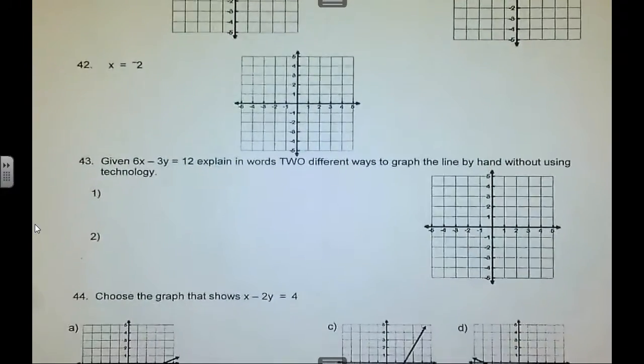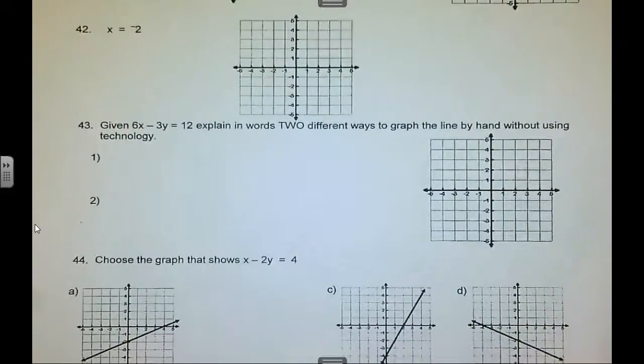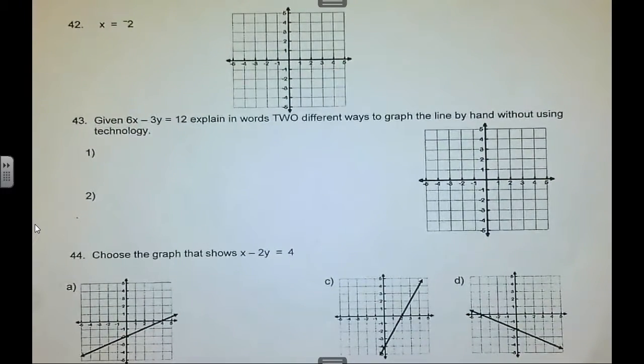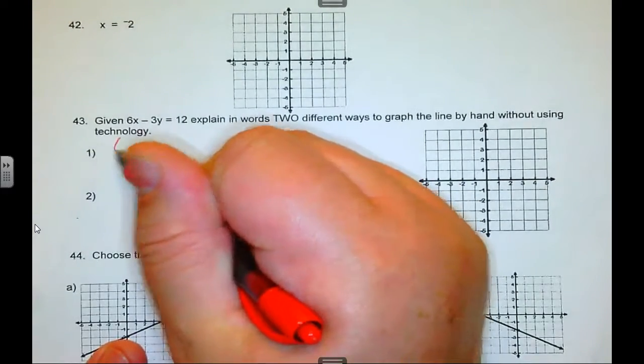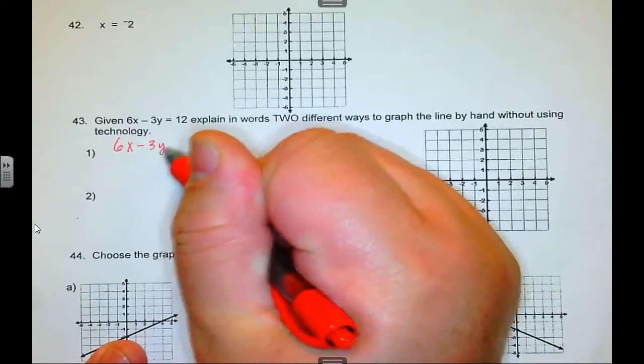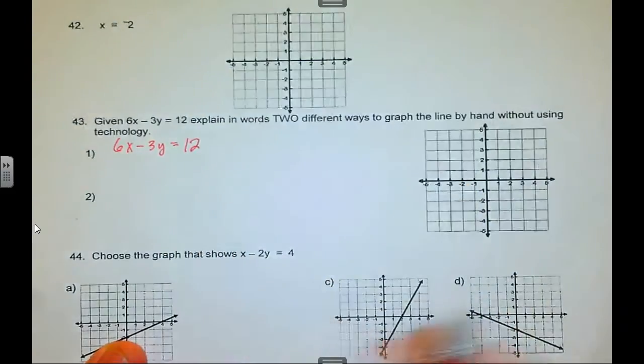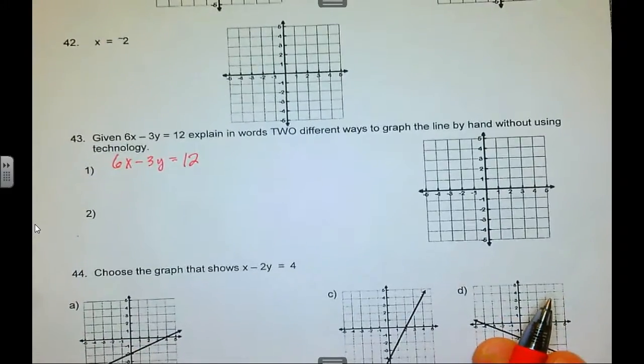Number 43. Given 6x minus 3y equals 12, explain in words 2 different ways to graph the line by hand without using technology. Well, the first way and only way you know how to do it is to solve for y. 42.